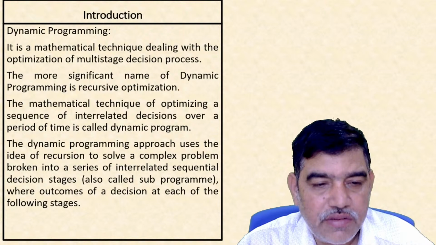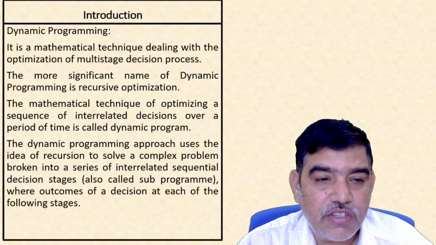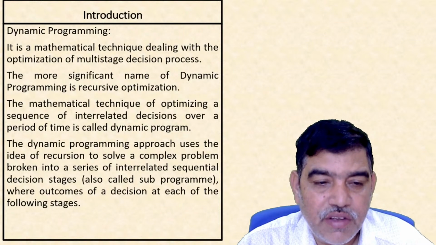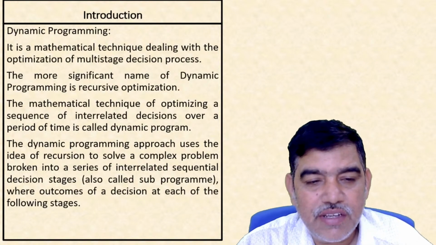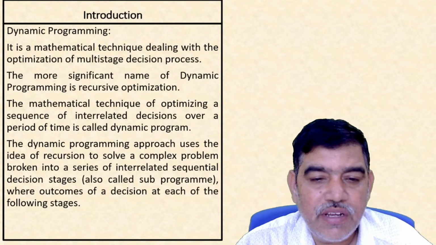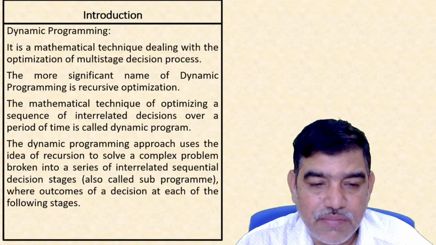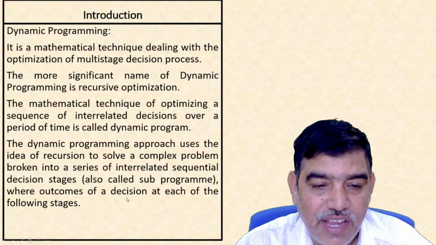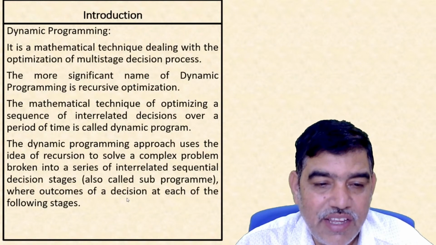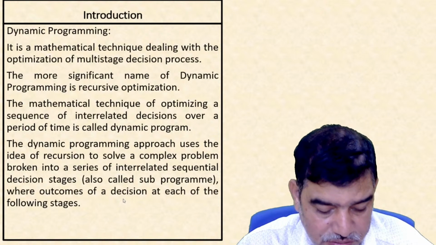One good example is how to minimize the inventory cost of a company for a year. We can split the problem into different sub-problems or sub-programs. If you calculate the inventory cost monthly and try to minimize it month-wise, then at the end of the year we automatically get the optimal solution.